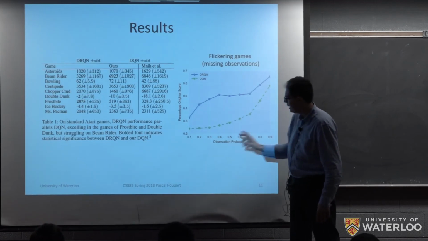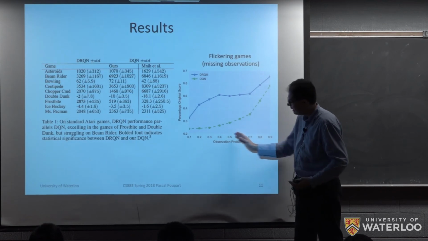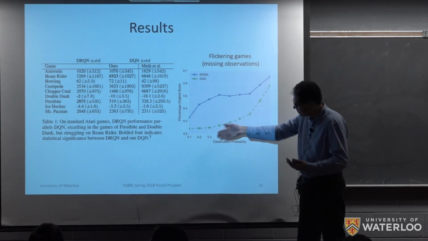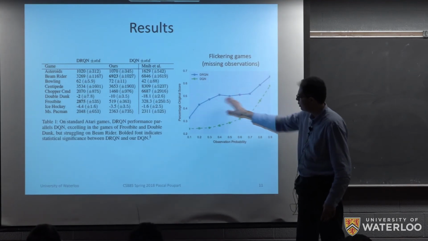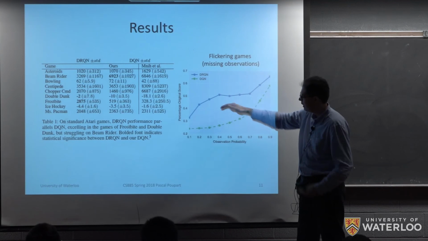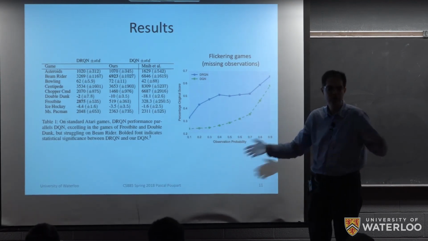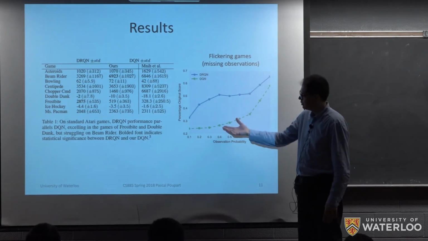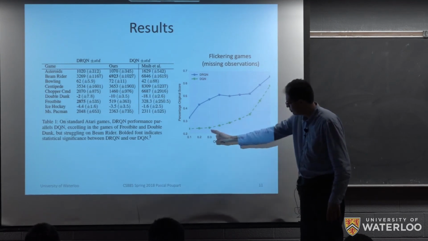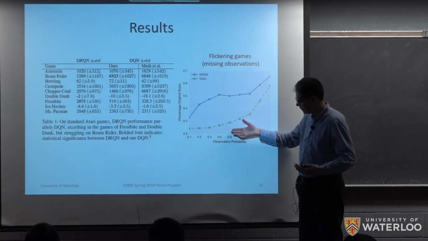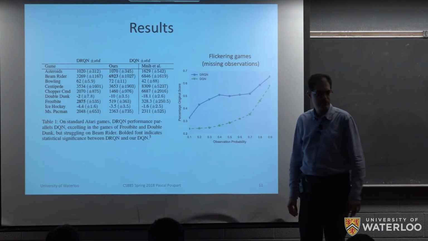We can see that as the percentage of frames that remain gets lower, there's some loss of information, but the recurrent Q network tends to obtain higher values than a regular deep Q network that ignores that problem. In general, this shows that if you have partial observability, here they're creating the partial observability in an artificial way just to illustrate the concepts, then you can obtain much better results.